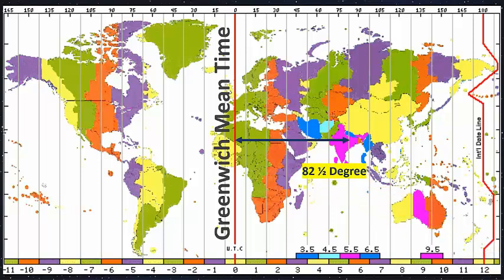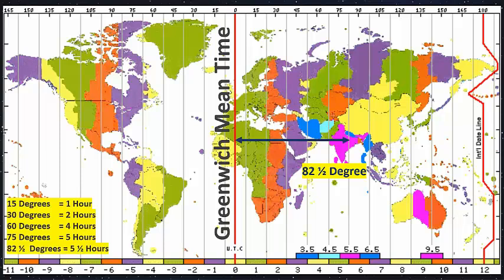That means there will be a time difference of 5.5 hours because if we travel 15 degrees, time difference is 1 hour. 30 degrees, 2 hours. 60 degrees, 4 hours. 75 degrees, 5 hours. 82.5 degrees east, that is we are adding 7.5 degrees which is equal to 30 minutes. So the time difference will be 5.5 hours.